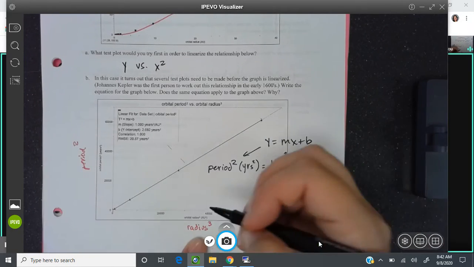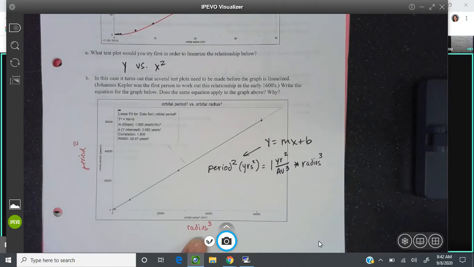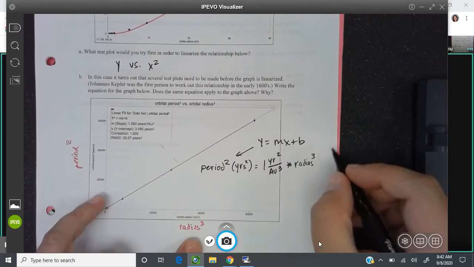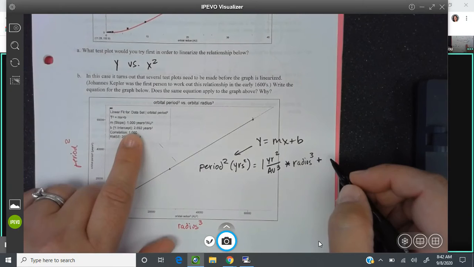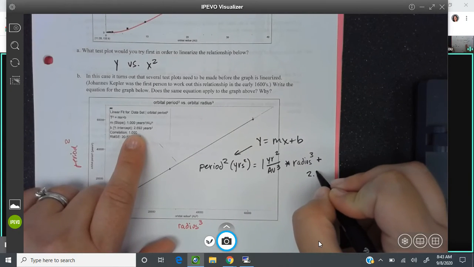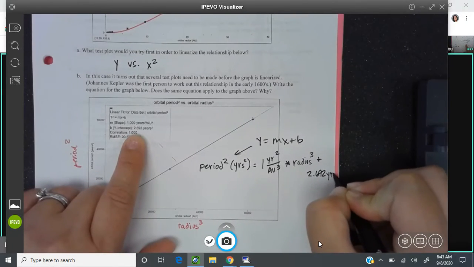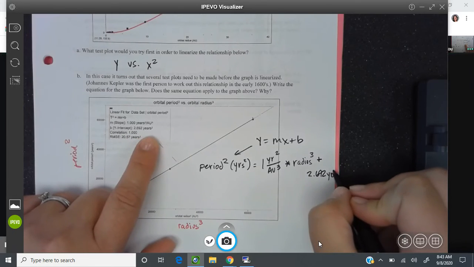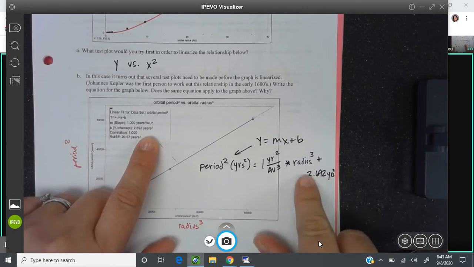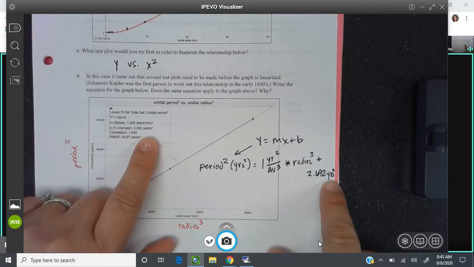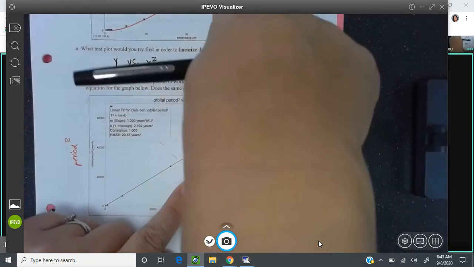So we don't really need to do much about it. As long as we can replace things in there, we can figure this out. Plus, our intercept is 2.692 years squared.